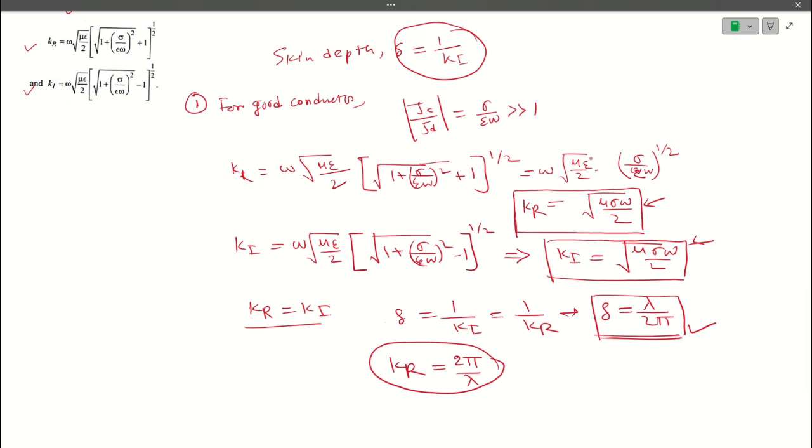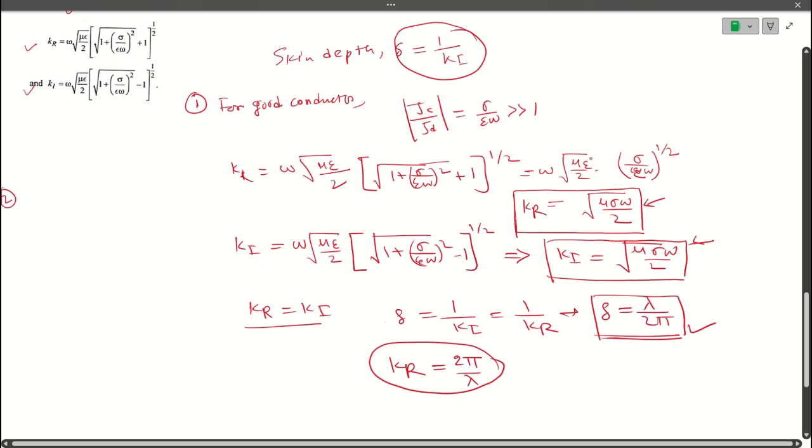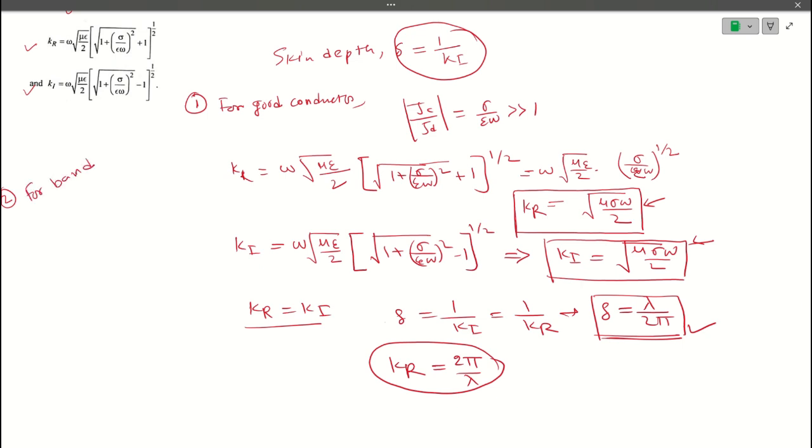So this is question number 2, for bad conductor. Now we can remove this part.